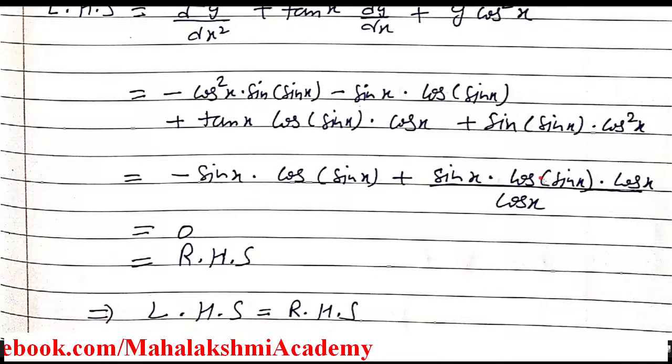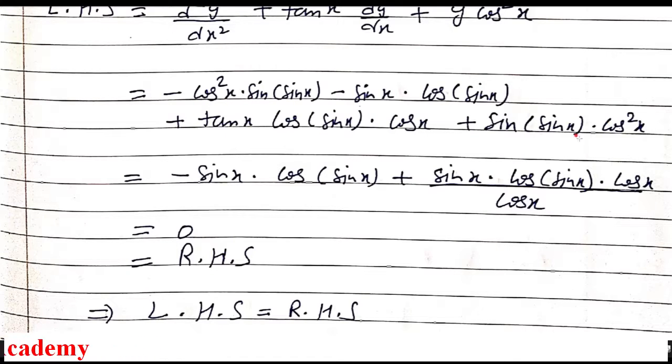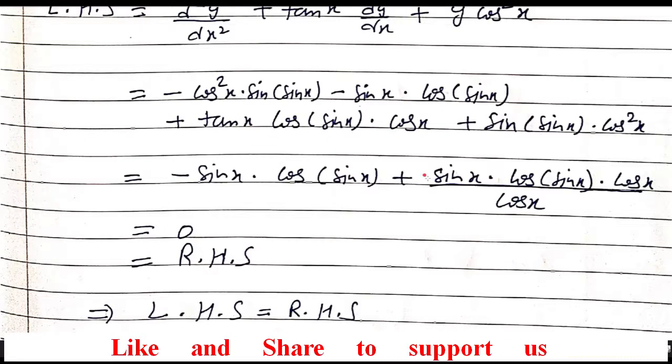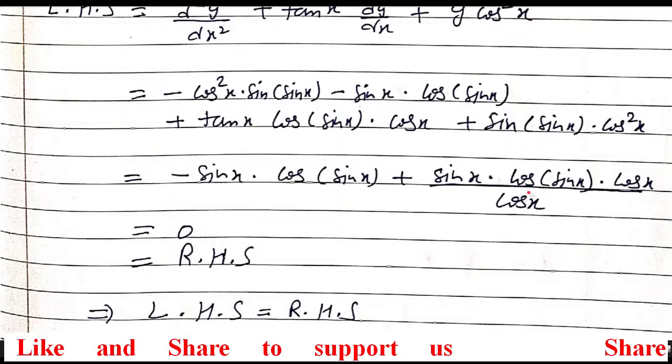Now in the next step, first we will see this cos²x sin(sin x) and this sin(sin x) cos²x are like terms with opposite signs, so they will cancel each other. We remain with only this term and this term, so I removed it. Now we will start with the second term. The second term I wrote as it is. Here tan I changed to sin upon cos, and these two terms as it is.